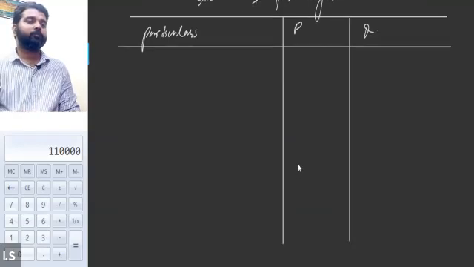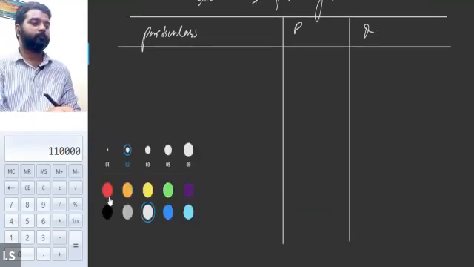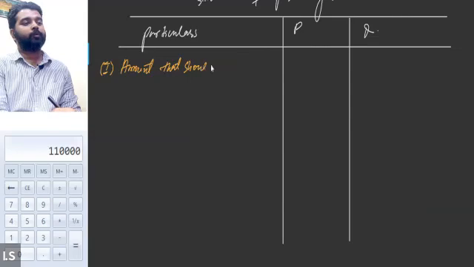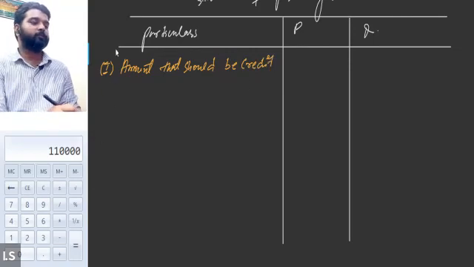All right. So the first component of the statement of past adjustment is the amount that should be credited. Tell me how much amount should have been credited to the partners.